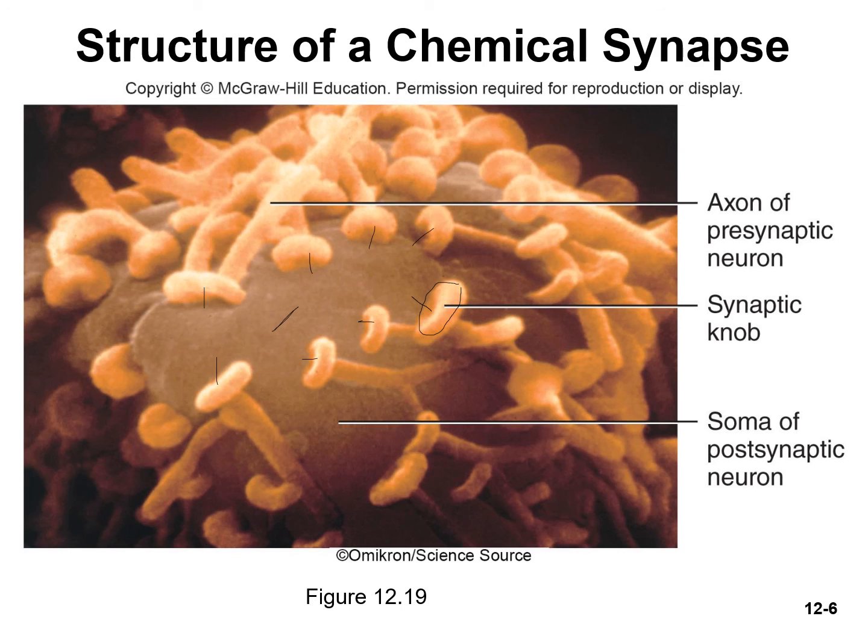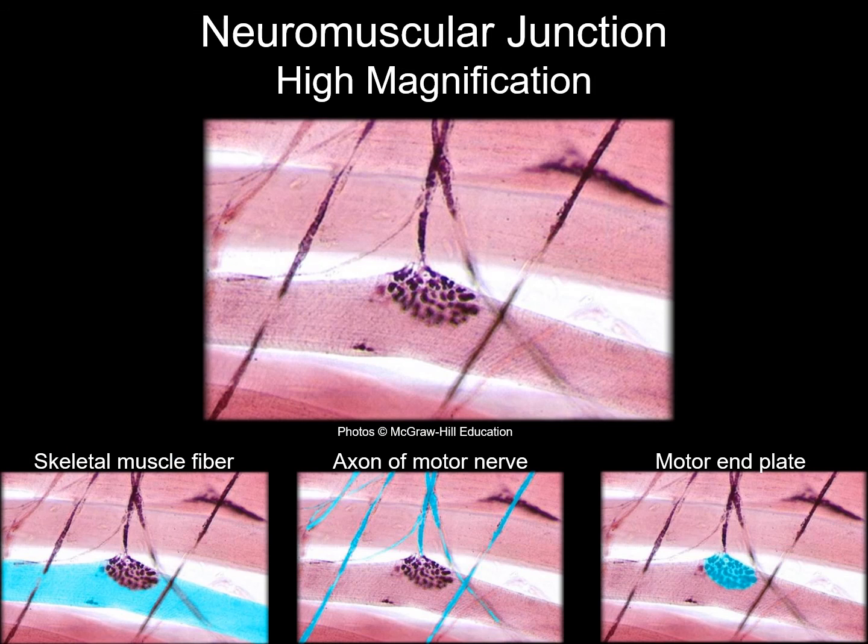So you're going to have release of neurotransmitter from all of these when action potentials reach those axon terminals. And then finally, we have this neuromuscular junction. We've seen this slide before, where we have our connection between a neuron and its target tissue, in this case, skeletal muscle tissue.